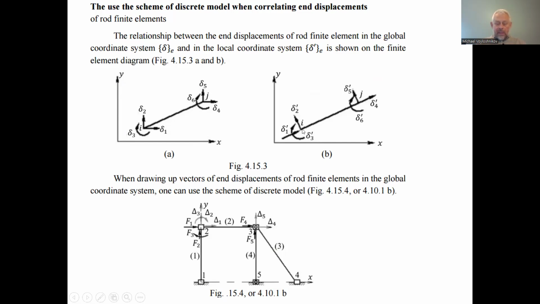The abscissa axis of the local coordinate system, associated with a definite finite element, has as its reference point usually the beginning of the finite element, and the axis passes through the second point of connection to the next finite element. This is the axis of the finite element, coinciding with the abscissa axis.